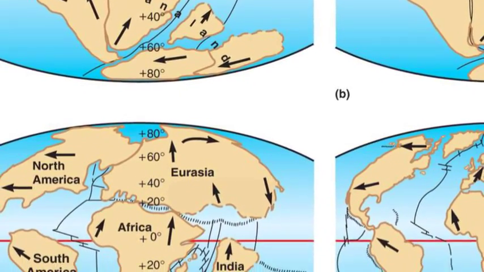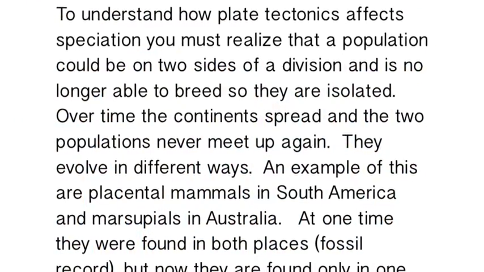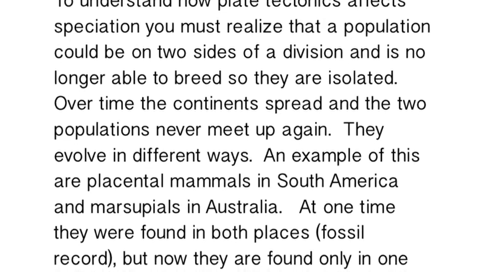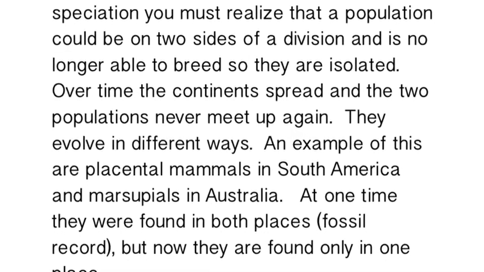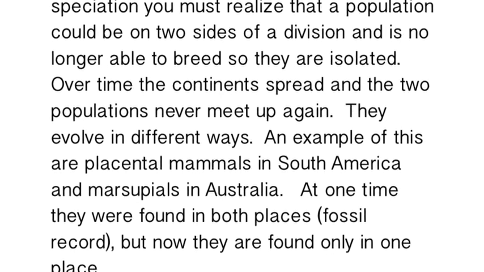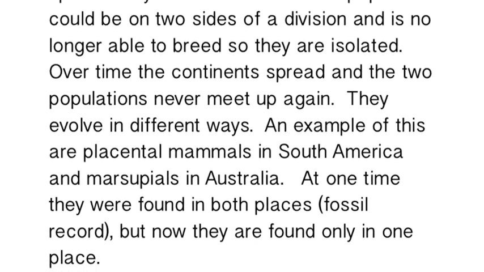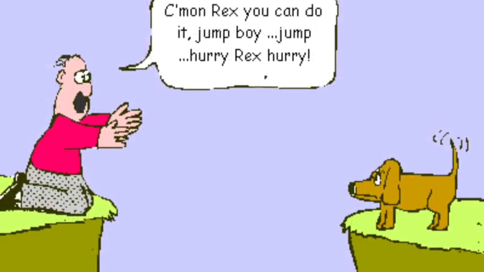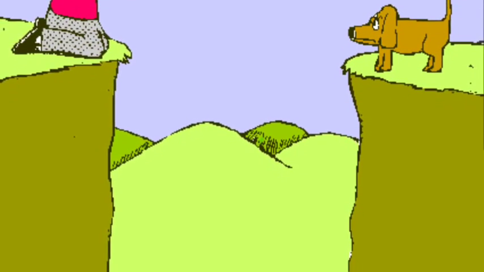What's really cool about this is that we have found evidence that where the continents were together at one point, the species existed there and then got separated as the continents pulled apart. So now we had two populations of the same species, but on different continents, okay? And so, there used to be marsupials and placental mammals in both South America and Australia, but then they competed after they got separated, and it turned out that in South America, the placental mammals won, and in Australia, the marsupials won, which is kind of cool.